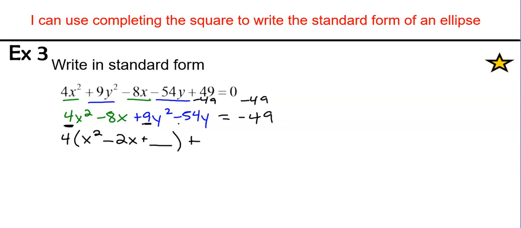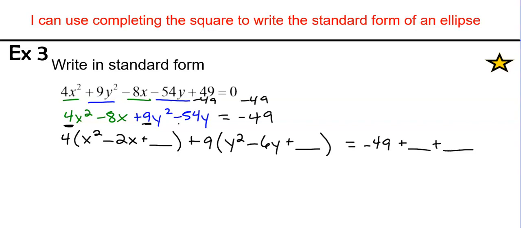Take out a 9, which leaves us with y squared minus 54 divided by 9 is 6, so 6y plus a blank equals -49. And then we're going to need 2 blanks over there. That's how I always set these up.